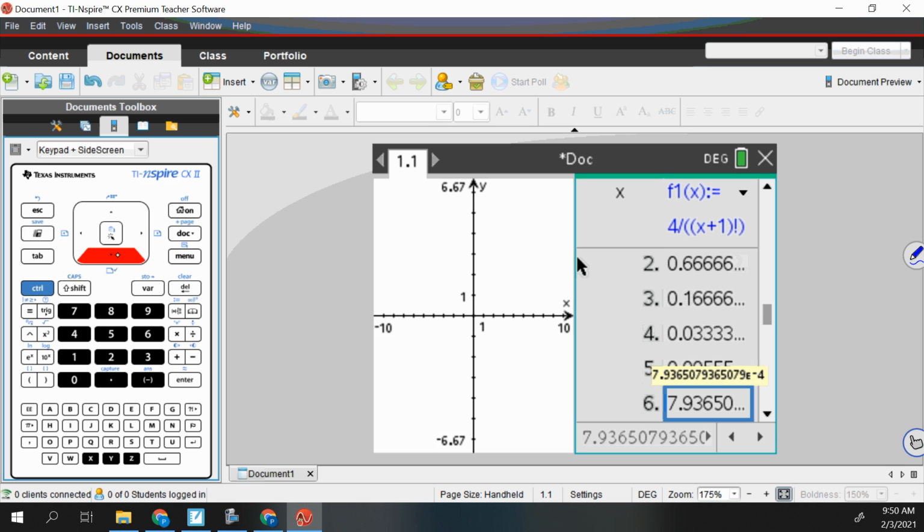Now notice it switches to 7.9, but it's e to the negative 4. 0.001 is the same as 1 times 10 to the negative 3. So because that's to the negative 4, that's like saying 0.0007. So that is smaller than 0.001. So n equals 6 is the first one that would work.